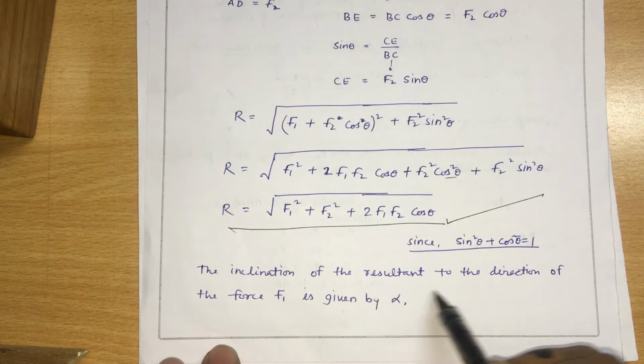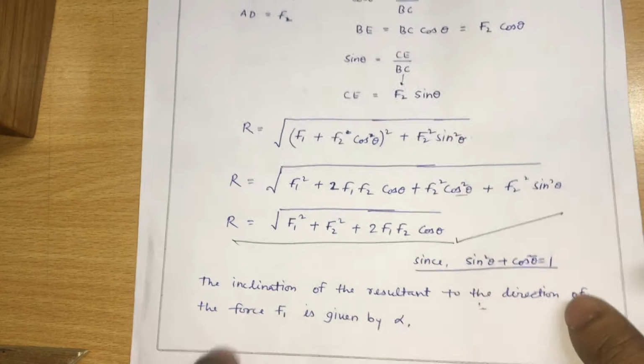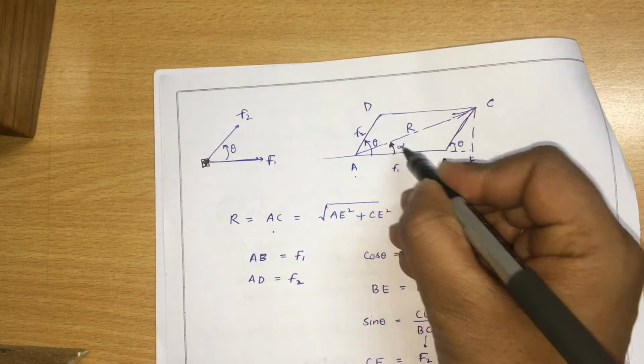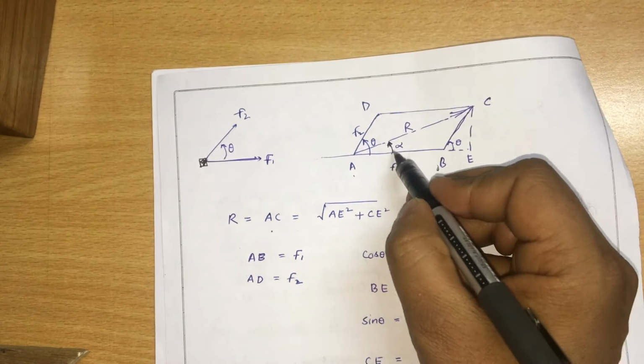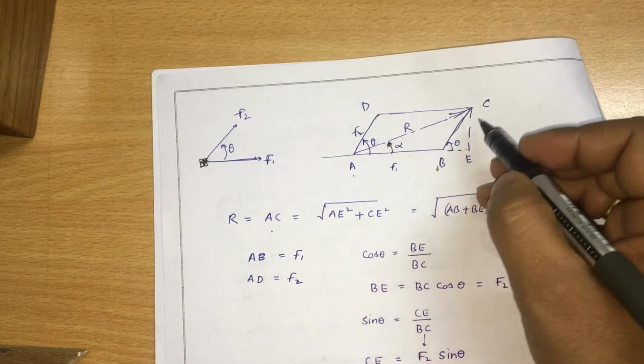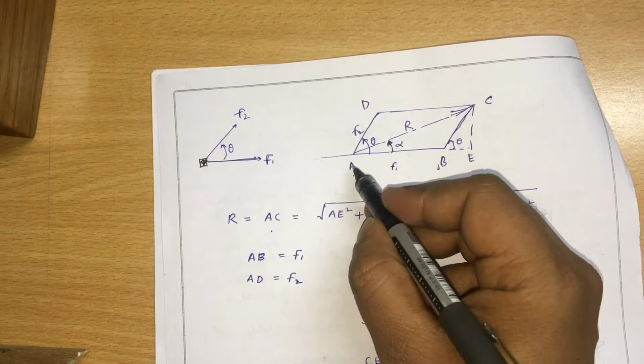Let us assume the inclination of the resultant to the direction of force F1 is given by alpha. Alpha is the inclination of the resultant. So tan alpha, what would it be? This is equal to perpendicular over base, so this is CE over AE.